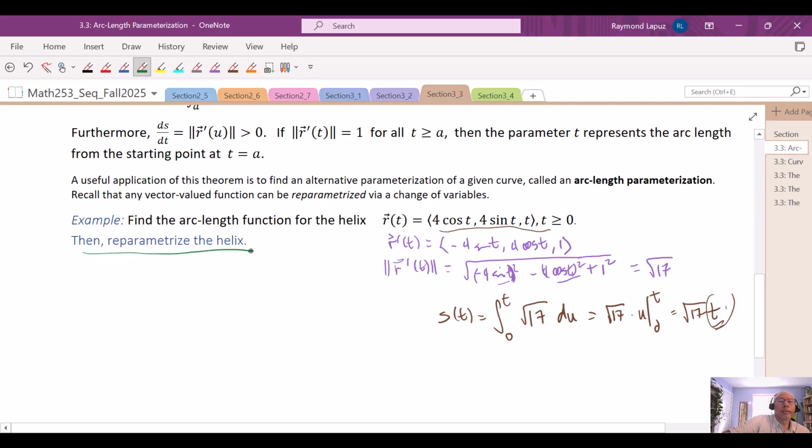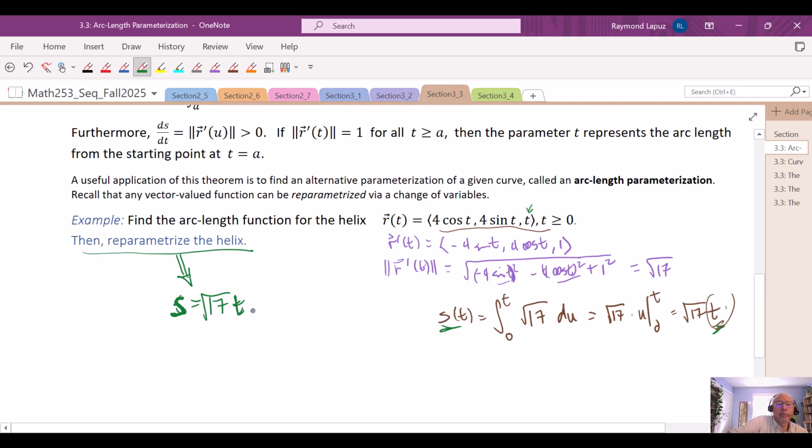To reparameterize by arc length, we're going to note that your s function and your t function are related this way. And then currently your parameterization is with t. So we can change this so that we change the parameter into an s.